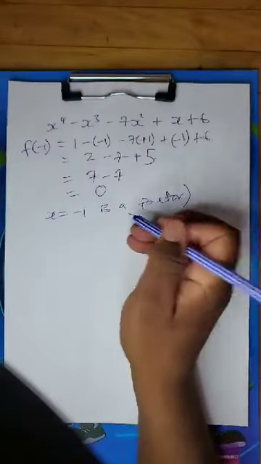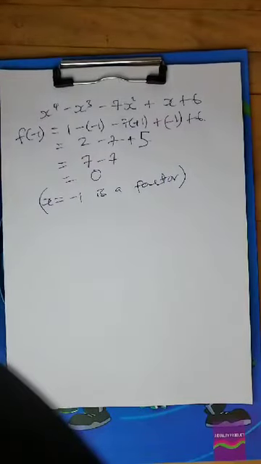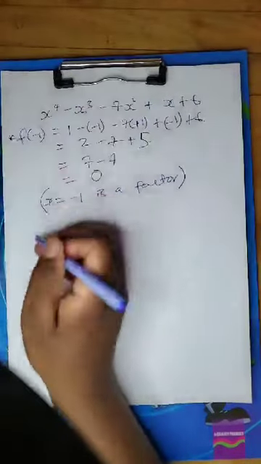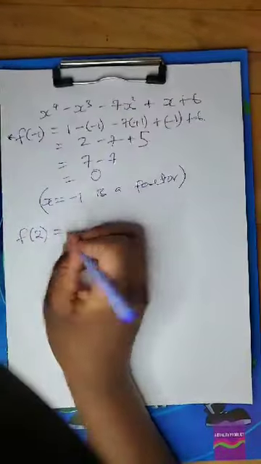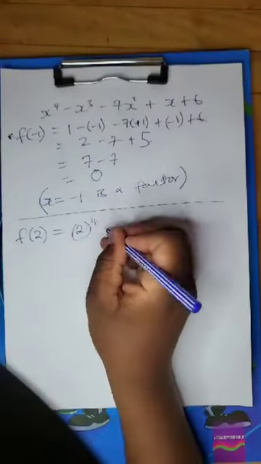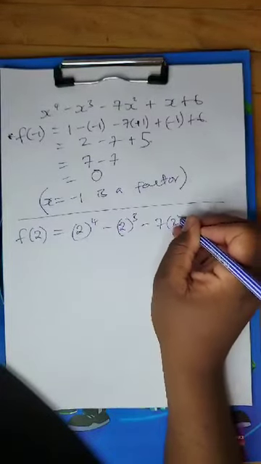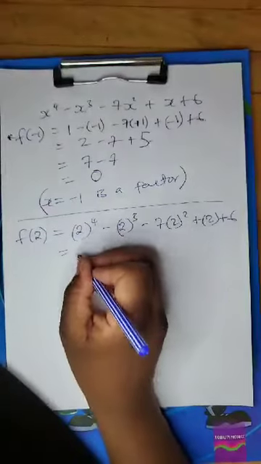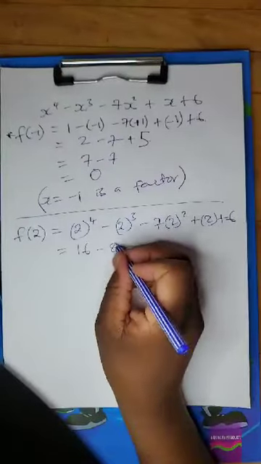I told you in total we will need 4 factors. So far we've been able to find 2. Good. Let's go. We try plugging in another one. F of 2. So f of 2 being plugged in will give us 2 to the power 4 minus 2 cubed minus 7 times 2 squared plus 2 plus 6. 2 to the power 4, that is 16. 2 to the power 3, 8.